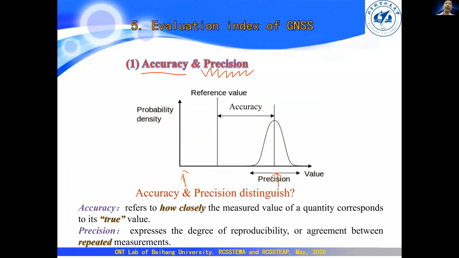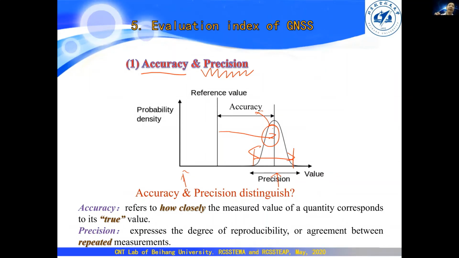Here you can see we call this one accuracy, how much is the distance from the center. And how much the error is distributed, we call precision.